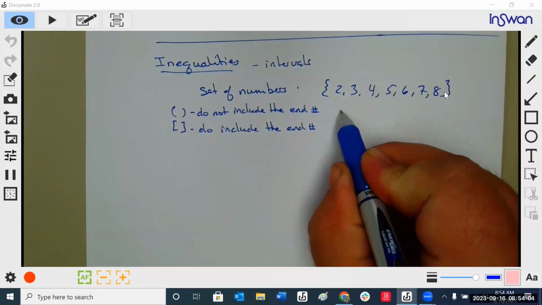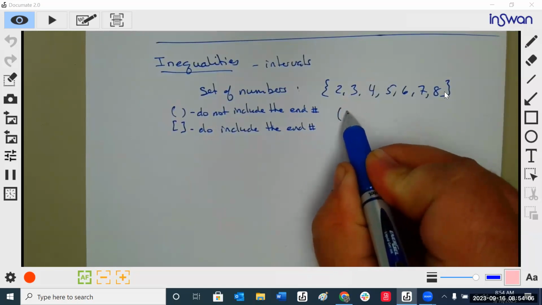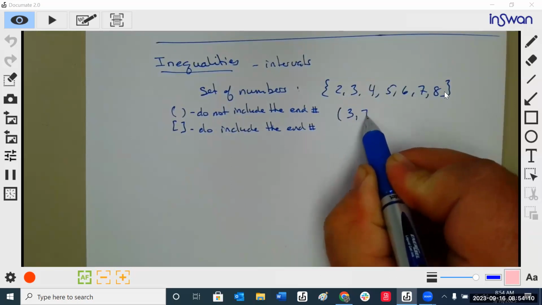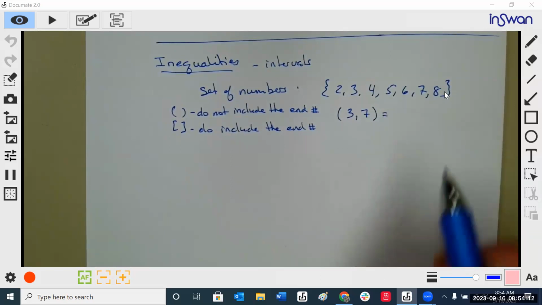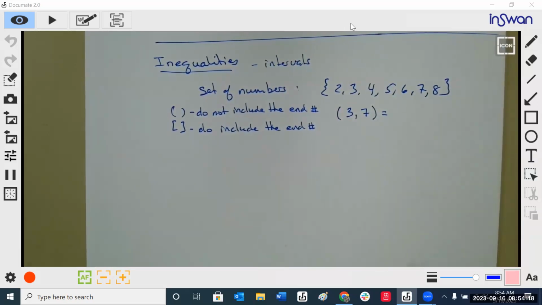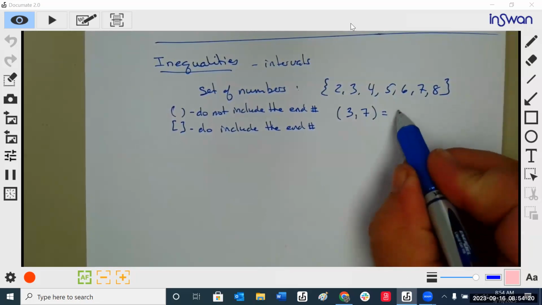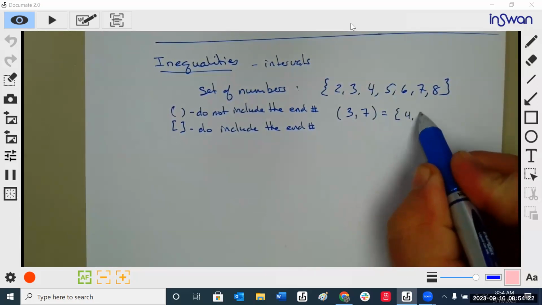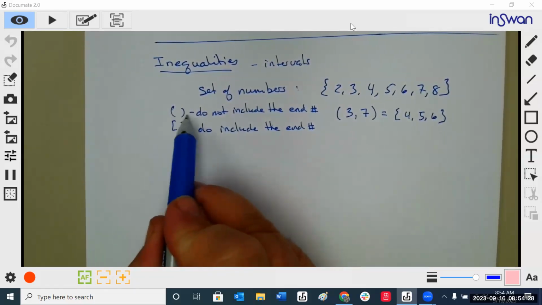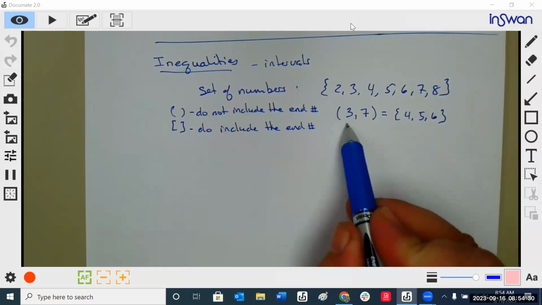So for example, if I asked you, give me all the numbers from 3 to 7, my answer would be 4, 5, 6, because it's parentheses, I do not include the end numbers.